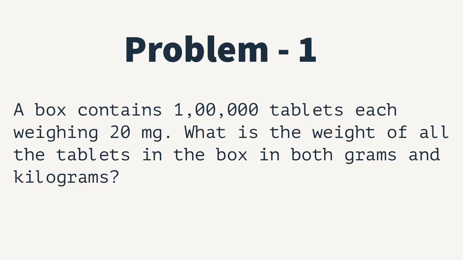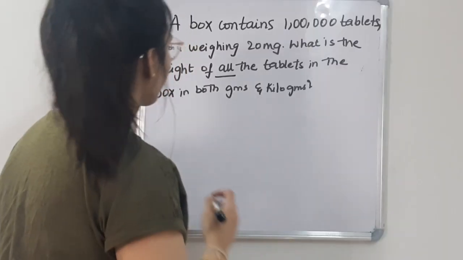Now let's see the problems associated with the same. This is the first problem. A box contains 1 lakh tablets, each weighing 20 mg. So one tablet weighs 20 mg. What is the weight of all the tablets in the box, in both grams and kilograms?